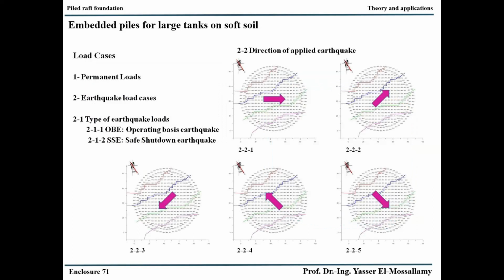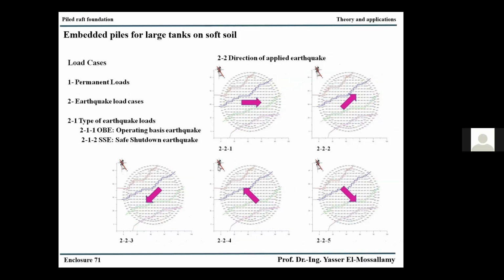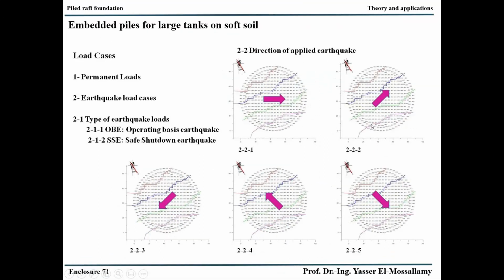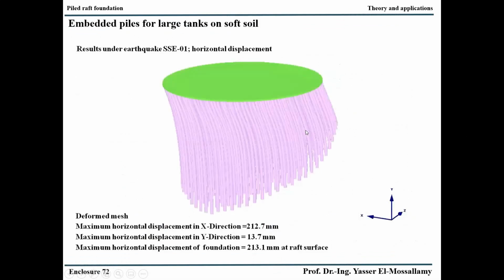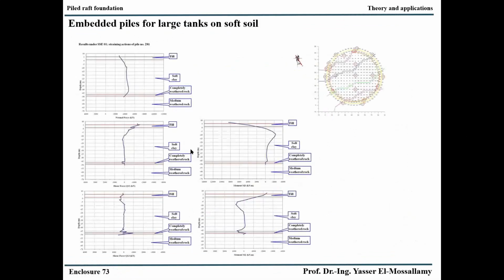We simplified the tank, therefore we worked together hand in hand, and then we modeled exactly the soil condition and the length of the piles, and applied forces in different directions of the earthquake to check the serviceability requirements, but also to get the straining action in the piles, because the structural software cannot actually model these piles and cannot get the straining action.